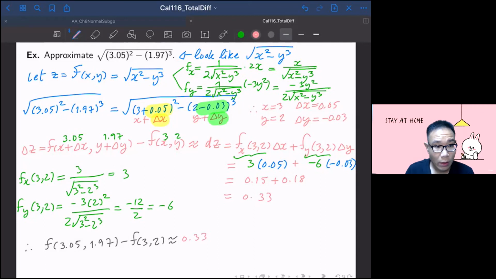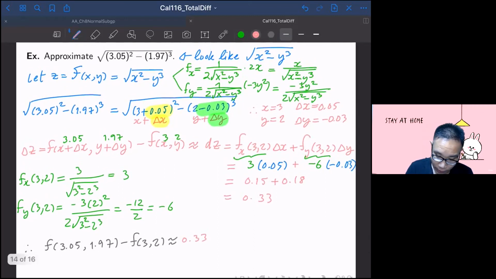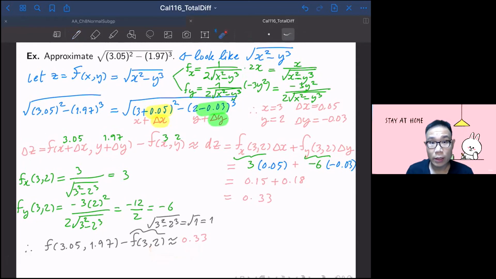So you have f(3, 2), which is the square root of 3 squared minus 2 to the third, so it's root 1, equal to 1. So you're going to just move this term to the other side to obtain the final answer.